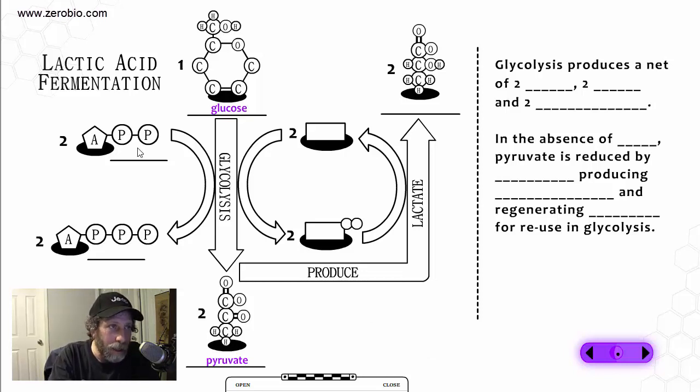In the process, a couple of ADPs will be phosphorylated to ATP. This is substrate level phosphorylation, right? Phosphate coming off an intermediate in glycolysis, making ATP. NAD plus will be converted or reduced to NADH. We've made our electron carrier, our reduced electron carrier. But we're not going to produce alcohol now.